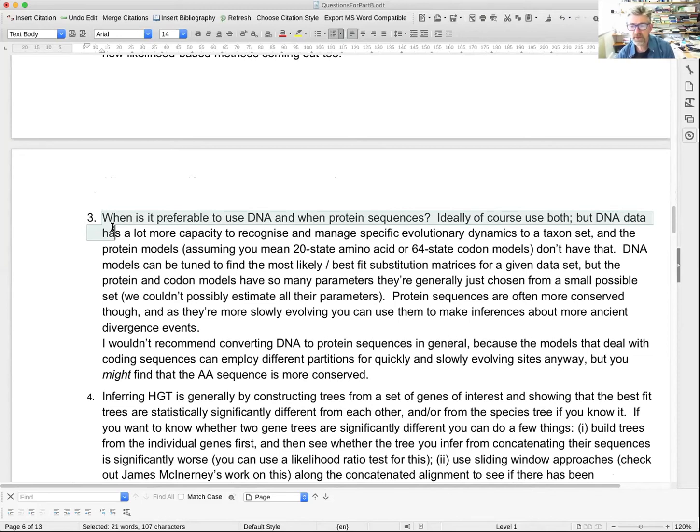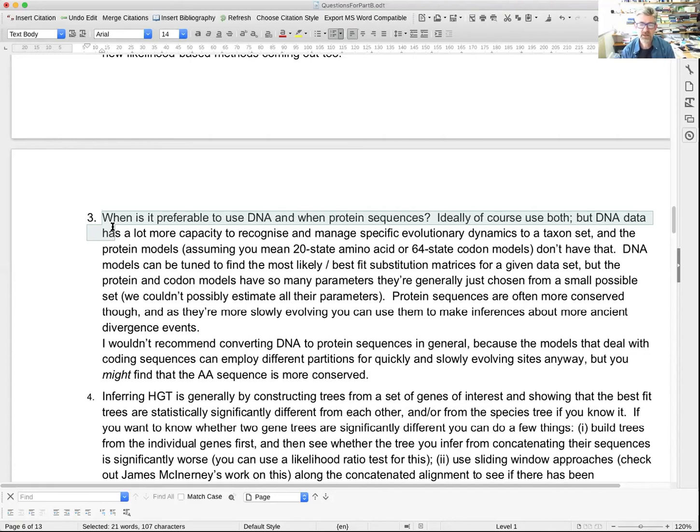But there's an awful lot more that you can do with DNA than you can do with protein sequences. The reason is that we have a whole lot of mathematics and wonderful tools that can be used to recognize specific evolutionary dynamics of a taxon set using DNA, but oddly can't be used in the same way for protein models, say 20-state amino acids or 64-state codon models.